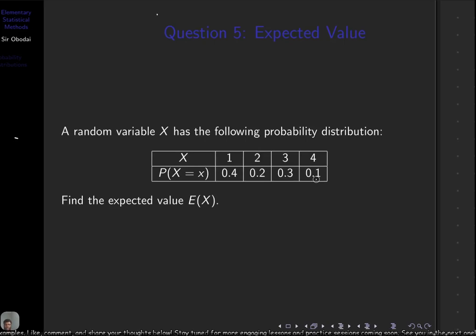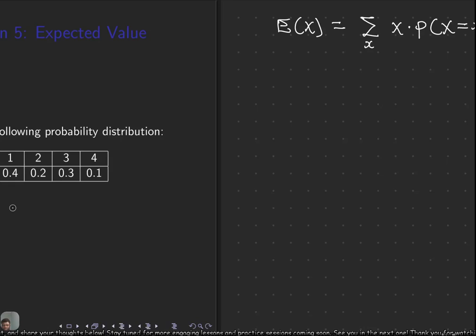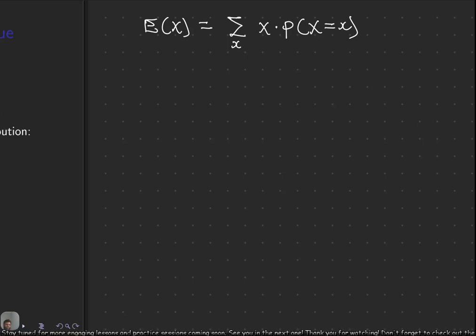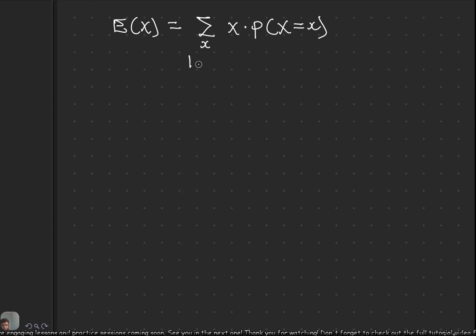So interpreting this formula here and using the values we have, we are going to multiply all these numbers. The first one was, I think, 1. So 1 by its probability, that is 1 by the probability of x being equal to 1.